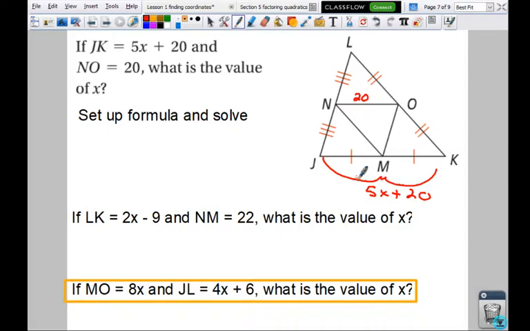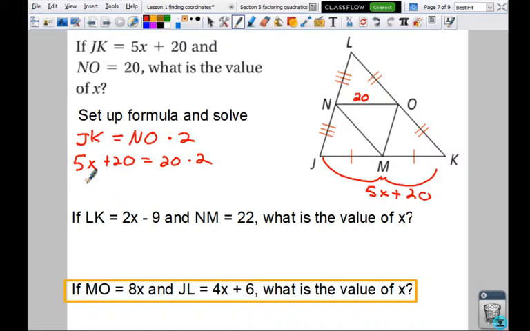JK is the big one, right? JK is going to equal the small one, NO, times 2. I'm going to fill in JK and NO with the things they gave in my problem, and then we're just going to solve it. So JK is 5x plus 20. It's going to equal NO, which is 20, and I still have a times 2.